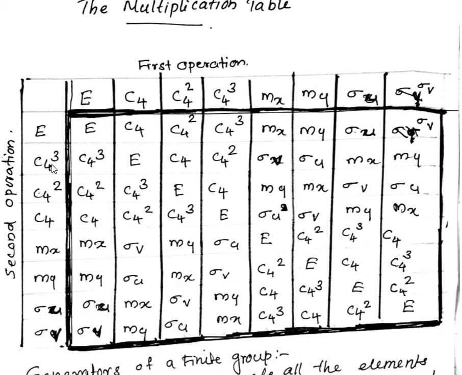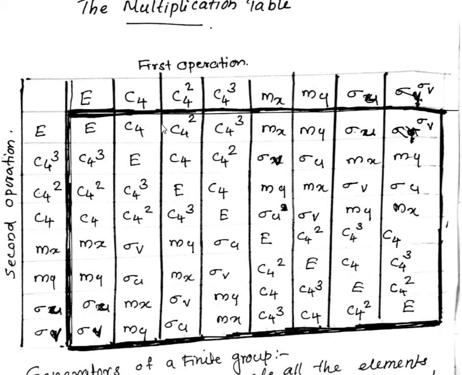You can check it. Now you know how to do this operation. So just check it. What is c4 and c4 cube? Then you will understand that the inverse of c4 is c4 cube. We know that c4 cube is c4 inverse, that we proved in our second slide. So the inverse of c4 squared is c4 squared again.